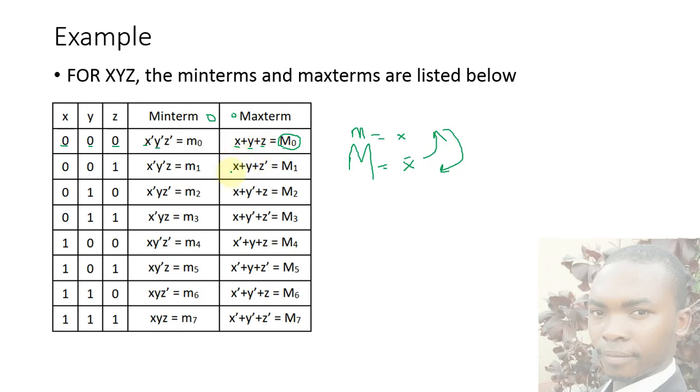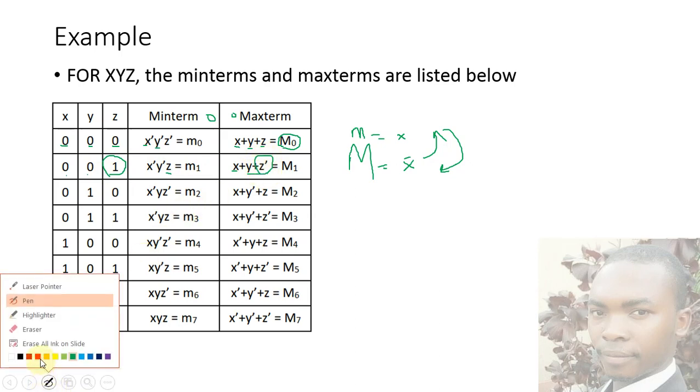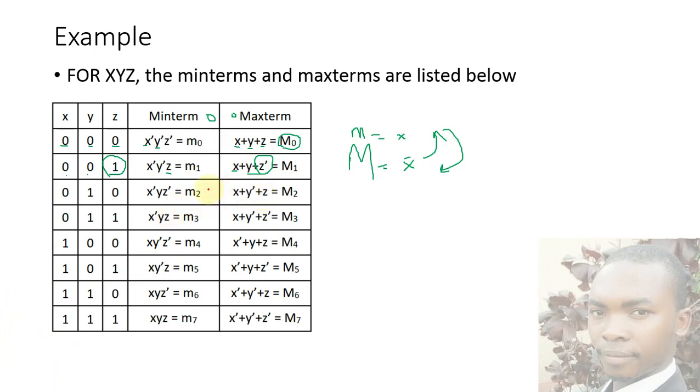If we continue with the same trick, where there is a 0 I put x, and then where there is a 0 I put y, and then I see here there is a 1. To make it an opposite of this, I have to complement it here. All right, let me do one more.